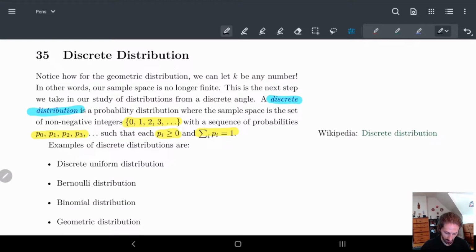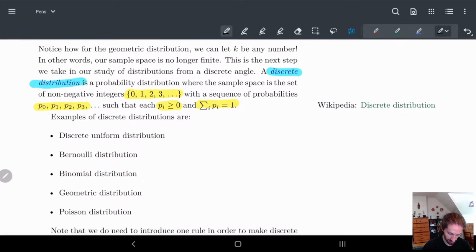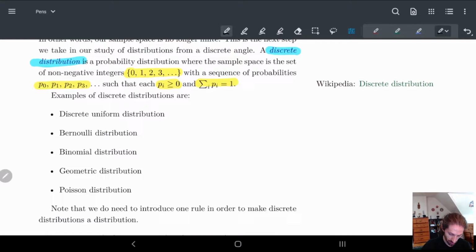So we've kind of seen some of these before. Here are 5 different examples. The discrete uniform distribution is like rolling a die. Here you might be like, wait, we only have 6 things if we have a fair die, but this is saying an infinite number of things.